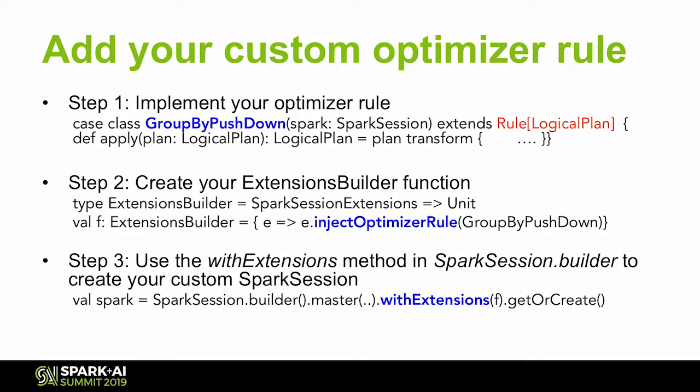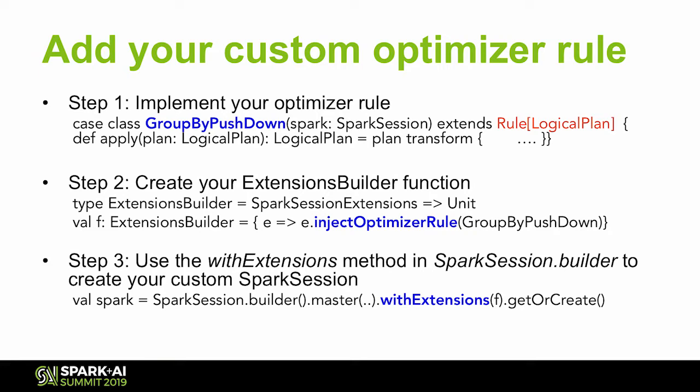It takes a logical plan, it does whatever transformation I need to do, and then it returns a logical plan. These are called pattern matching functions. They are partial functions. So depending on whatever logic customization you want to do, you would write your logic in here, and you would basically extend the Rule[LogicalPlan].